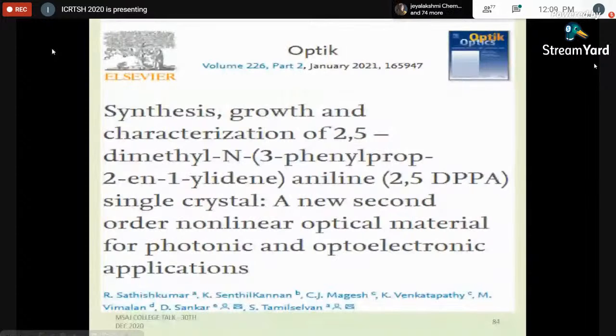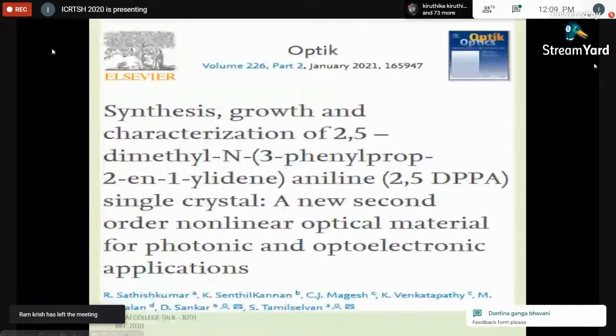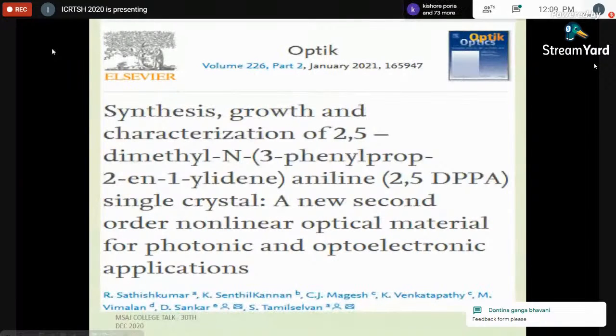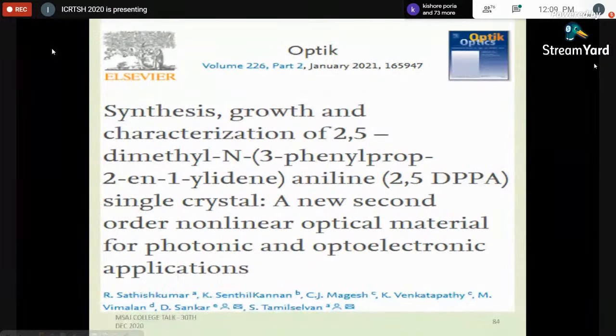Yeah, this is one of the most important crystals, 2,5 dPPA. Many things we have written in a proper manner, and finally we got this dPPA crystal published in the Elsevier Optik journal. Recently we got the same. Next slide.